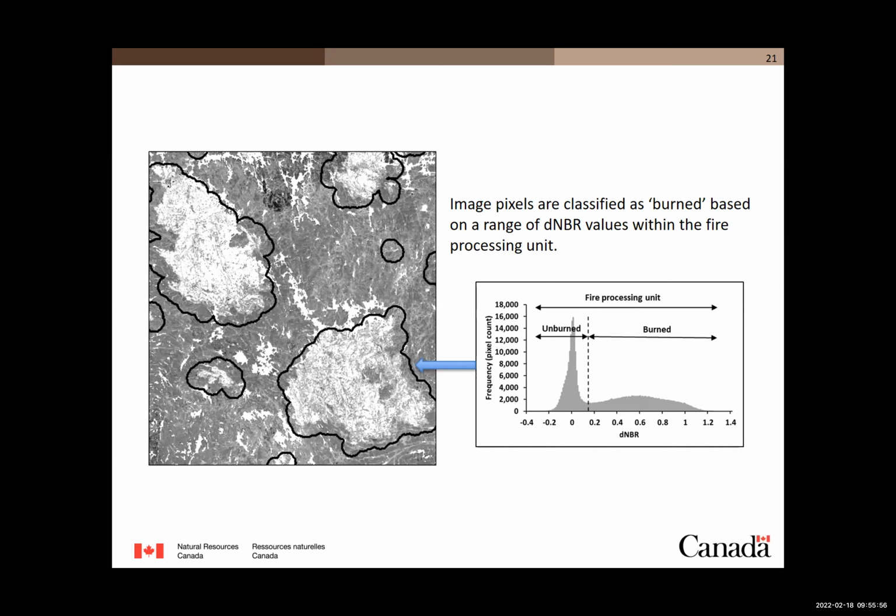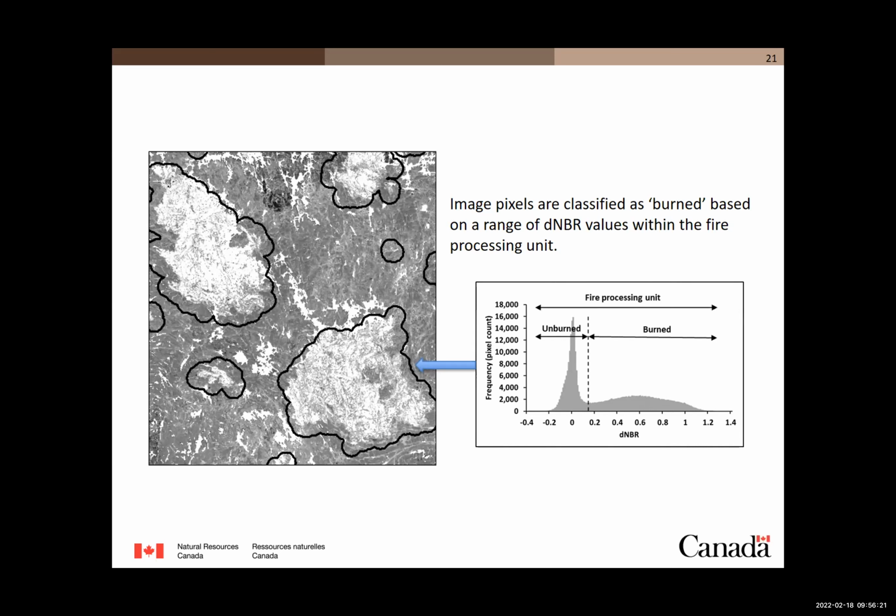And typically, anything greater than 0 is burned. But I don't like to use 0 as the beginning of your threshold, because you can then sometimes capture some of those unburned pixels. So for this example, I set it to 0.2. And that's the lowest point in this bimodal distribution.